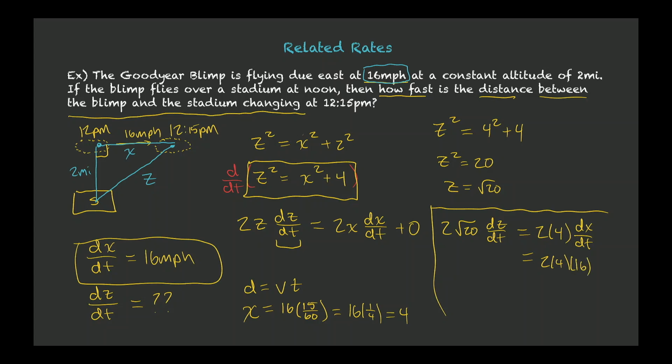So overall we can solve this pretty easily for dz dt just by dividing. So we'll have dz dt is equal to 2 times 4 times 16 all over 2 times the square root of 20. So now it's just calculator time. We throw this all into our calculator, and we'll get approximately 14.3 miles per hour are the units in distance changing in this problem.